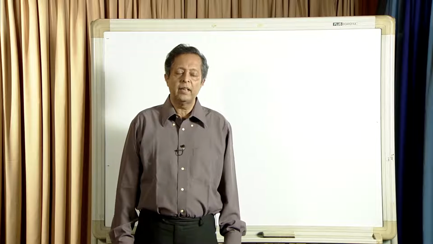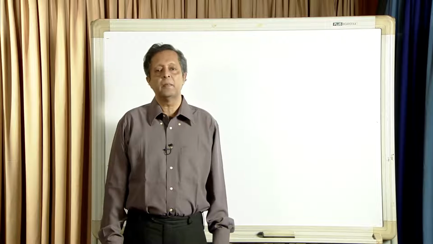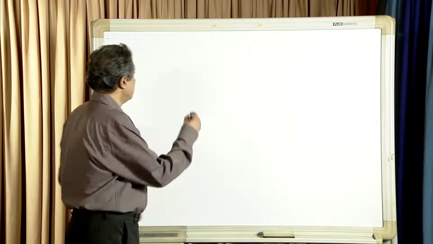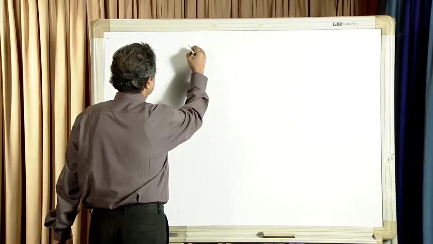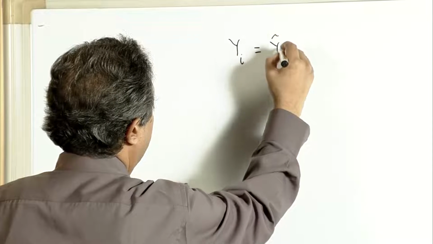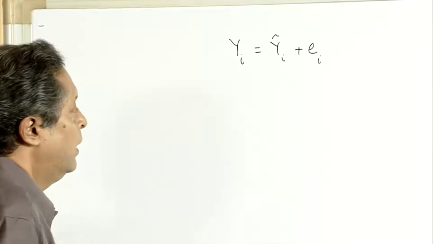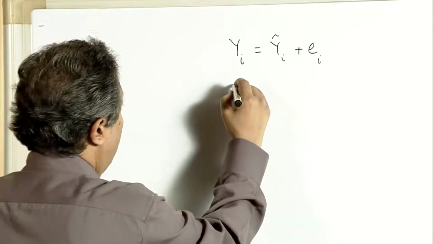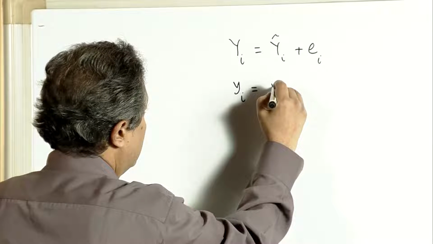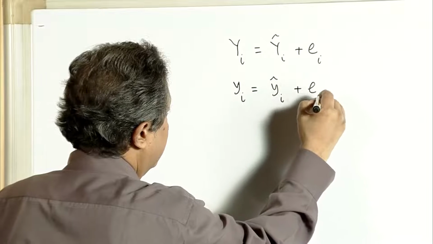We now look at the decomposition of the total sum of squares into explained sum of squares and residual sum of squares. So, our model is written as yi is equal to y hat i plus ei, and in deviation form we write this as yi in small letters is equal to y hat i in small letters plus ei.